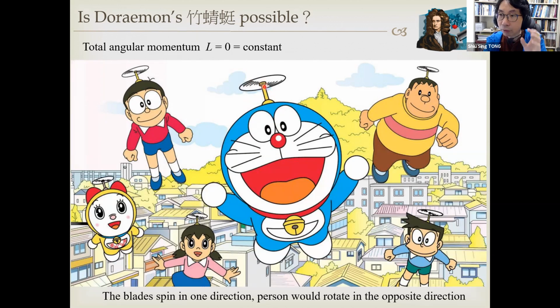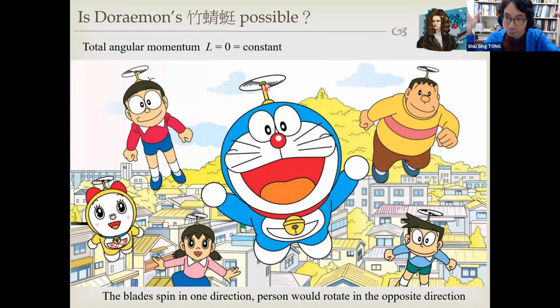So in order to keep the total angular momentum constant, Doraemon's body must rotate in the opposite direction to counteract the increase in angular momentum, right? Just like a helicopter. That means Doraemon's body would rotate in the opposite direction, and it will break his neck. So that is not possible.